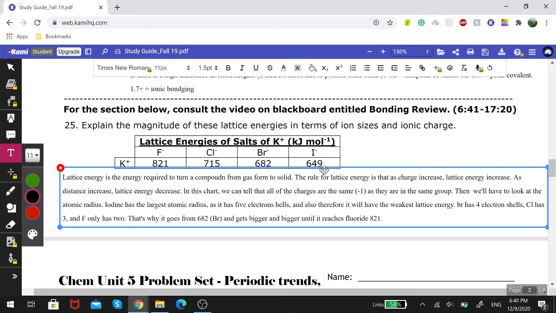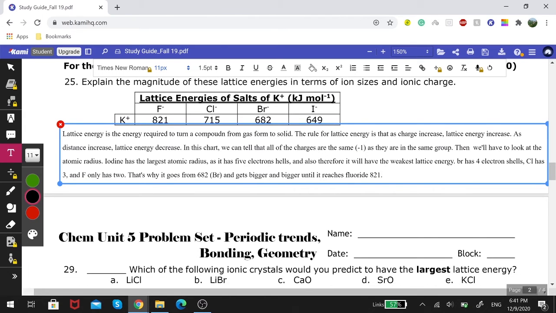And hopefully this makes sense. So lattice energy decreases as distance increases. I has the biggest distance, so therefore the smallest lattice energy. F has the smallest distance, and therefore the highest lattice energy.